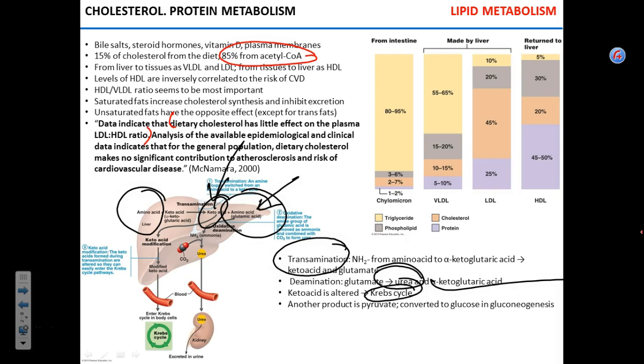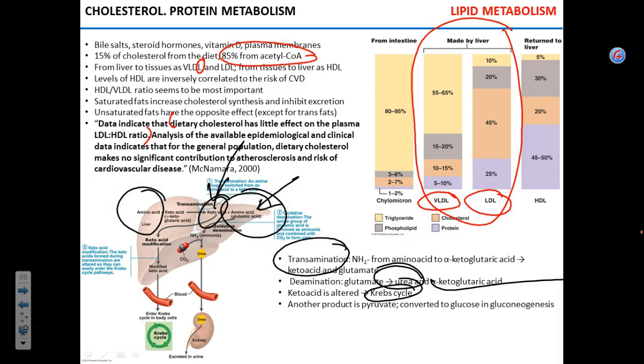And in the liver, cholesterol, remember it's a fat, cannot travel alone. It will be packaged in so-called lipoproteins. This is the letter L in these acronyms. The liver makes very low density lipoproteins and low density lipoproteins.